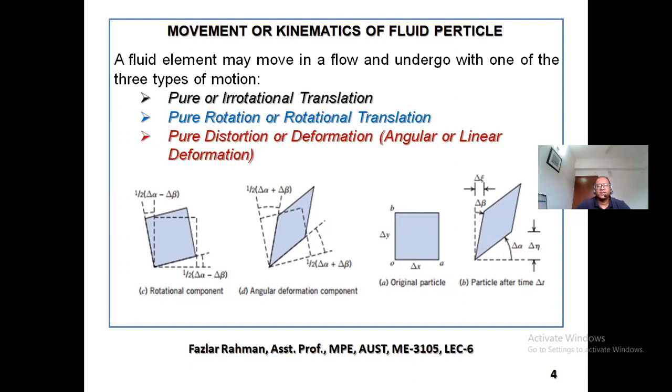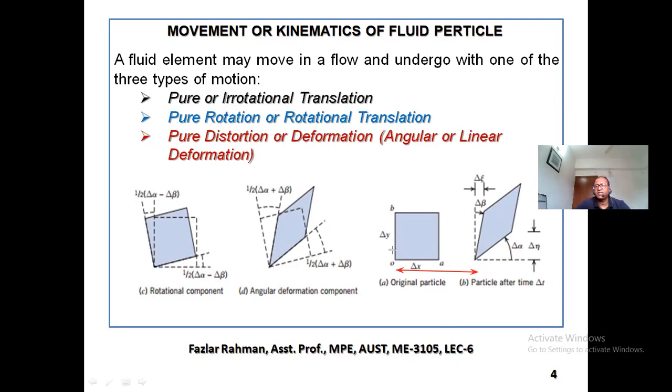Okay. Now, you need to figure out why in some cases a fluid element traveling from this point to this point changes shape. What is the reason? The reason is that this point O is traveling with a certain velocity along the x-axis and along the y-axis.